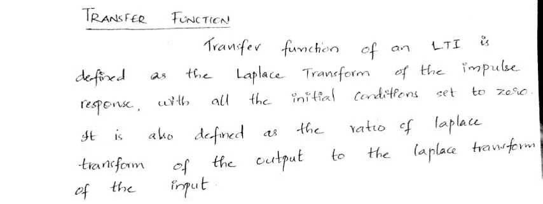Or else we can also define transfer function as the Laplace transform of the impulse response with all the initial conditions set to 0. So normally this transfer function is defined for only LTI systems. LTI means linear time invariant systems, right?